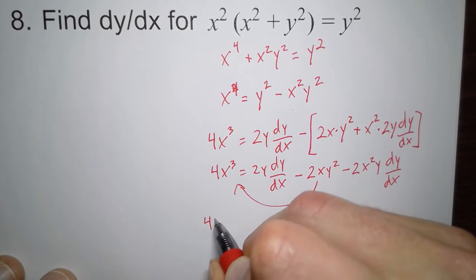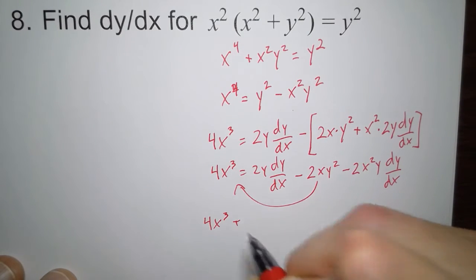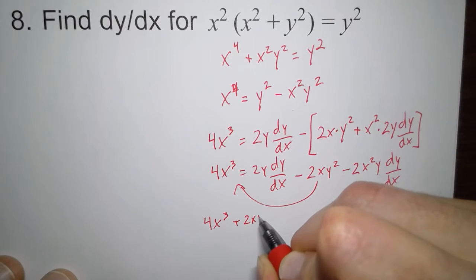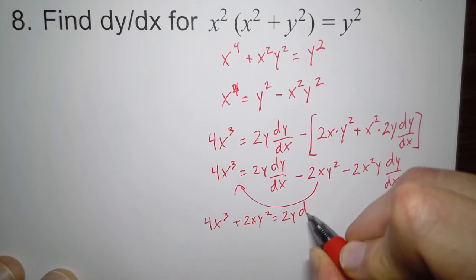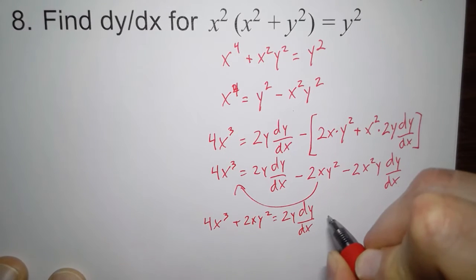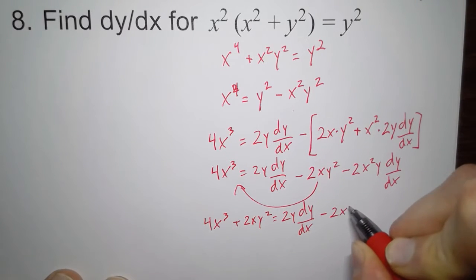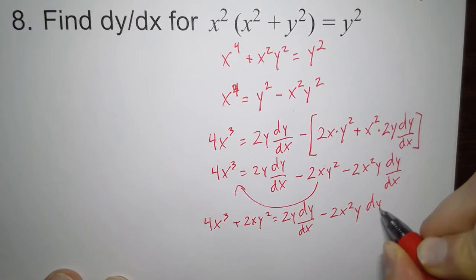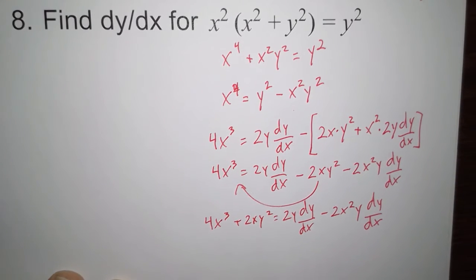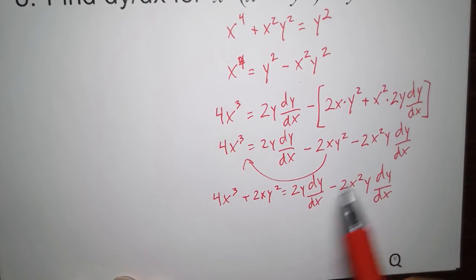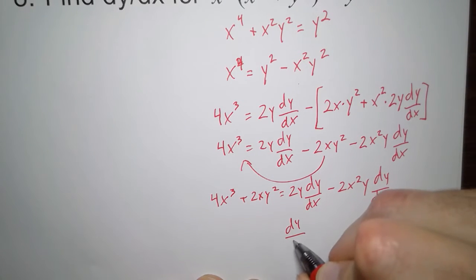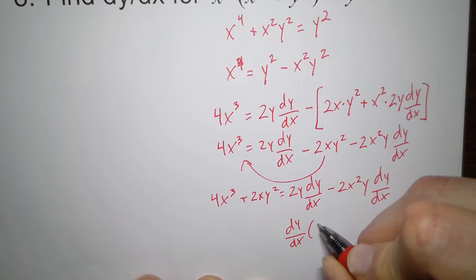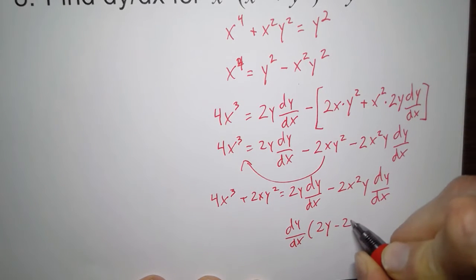So we have 4x cubed plus 2x y squared equals 2y dy/dx minus 2x squared y dy/dx. Now that we have the two terms with dy/dx, we can factor out a dy/dx. And we're left with the quantity 2y minus 2x squared y.